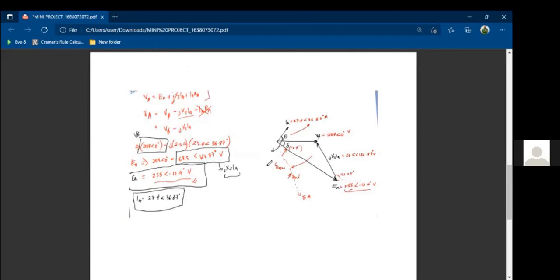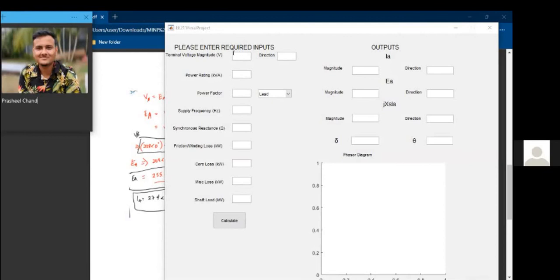Moving on to our application, we were given the values of terminal voltage of 208 volts with an angle of 0 degrees. The power rating was 48 kVA, 0.8 power factor, leading.